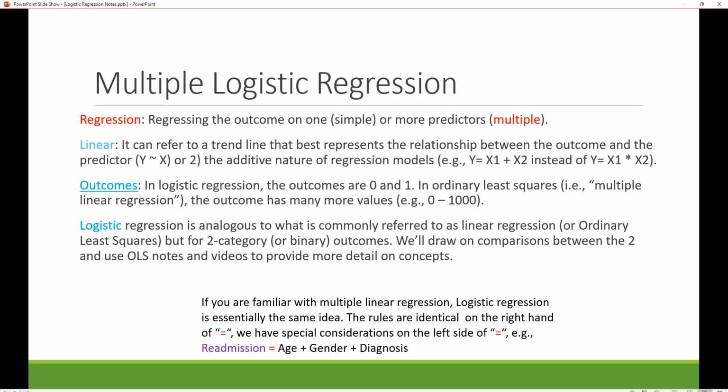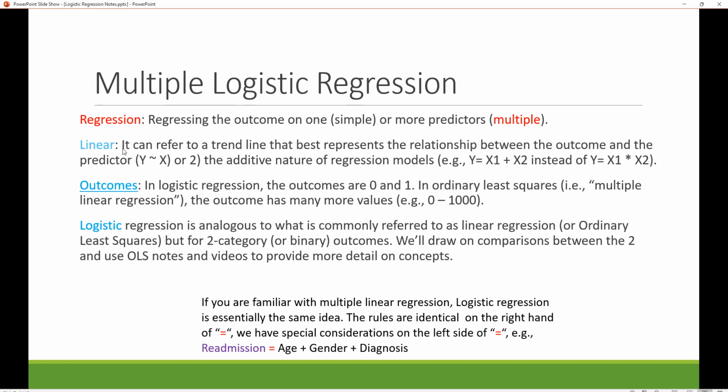And just to give us an idea of the definition of multiple logistic regression, we'll look at what each part of that name comes from. So regression, we're regressing the outcome on one or more predictors, and that's either a simple or a multiple regression.